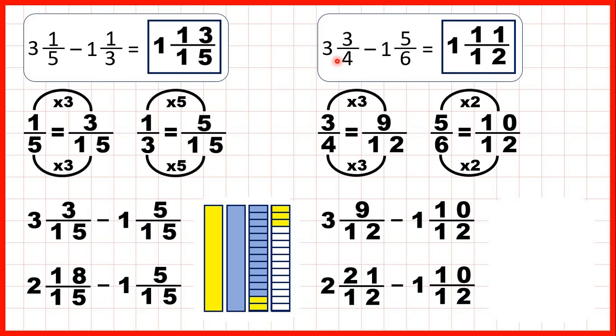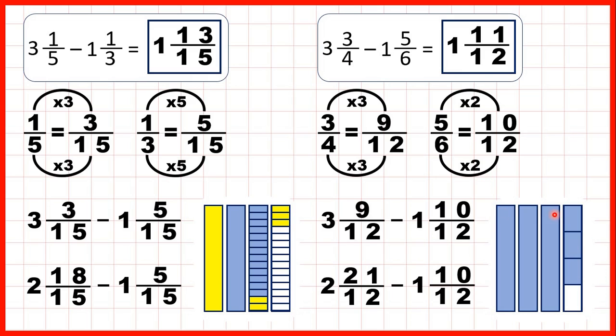Then for this question, we started with 3 and 3/4, but we saw that that's the same as 3 and 9/12. But we wanted to take away 1 and 5/6, which is the same as 1 and 10/12. But we only have 9/12, so we need to exchange one of our wholes for 12 more 12ths.